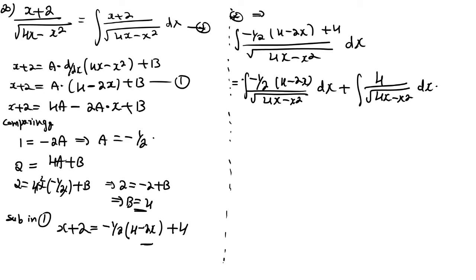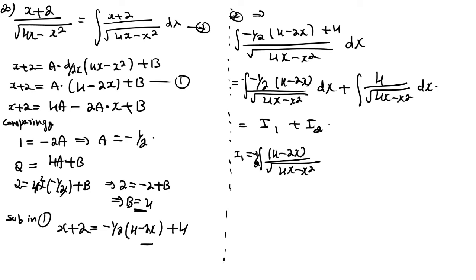In the next step, I will write it as I1 plus I2. Consider I1 is equal to, keeping minus 1 by 2 outside, minus 1 by 2 into 4 minus 2x divided by square root of 4x minus x square.